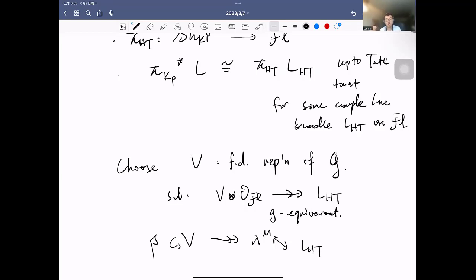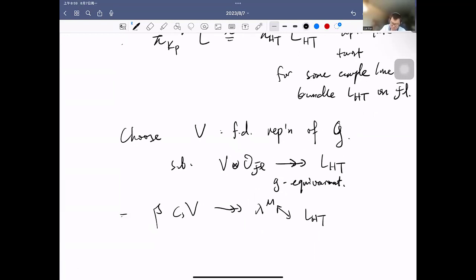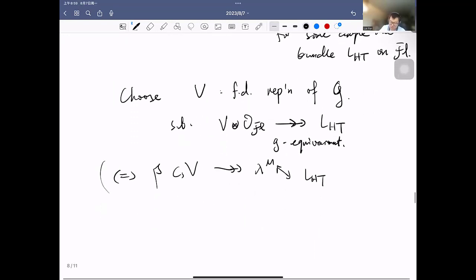So this line bundle on the flag variety is the same as a character of your Levi. So we choose this. Then we twist by our Hausdorff, so the inverse of it.